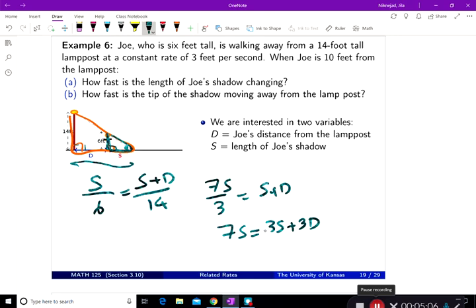Now, from here I get 4S is equal to 3D, or S over D is equal to 3/4.